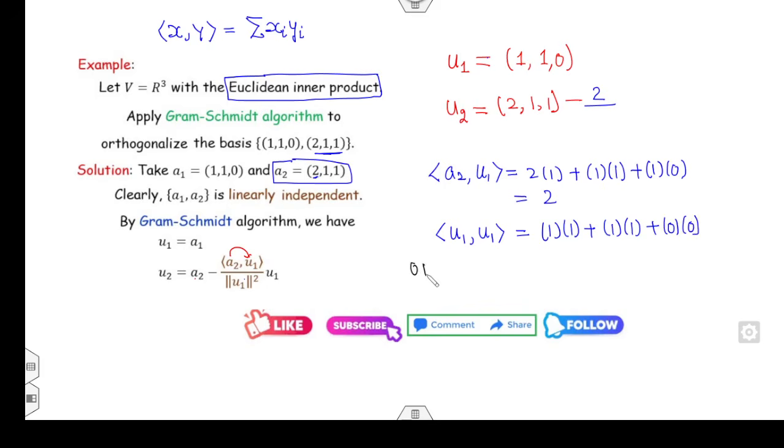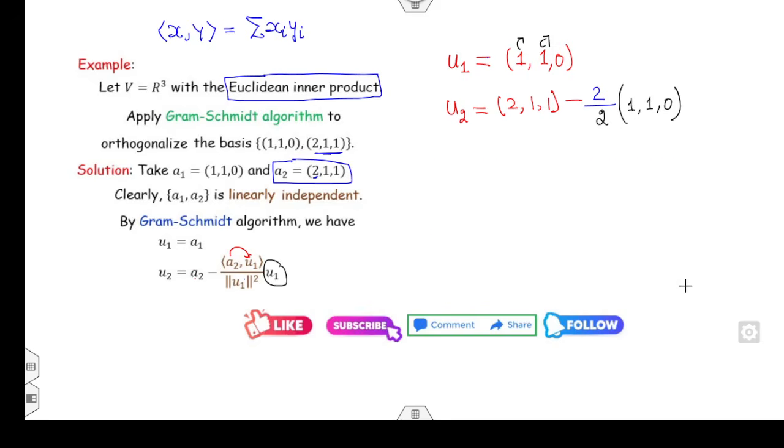Or you can also say the norm of U1 squared is the sum of the individual numbers squared: 1 squared, plus the second number squared, plus the third number squared. So that number is also 2, comma, U1 is (1, 1, 0). Fine. So after the calculation, what will happen?